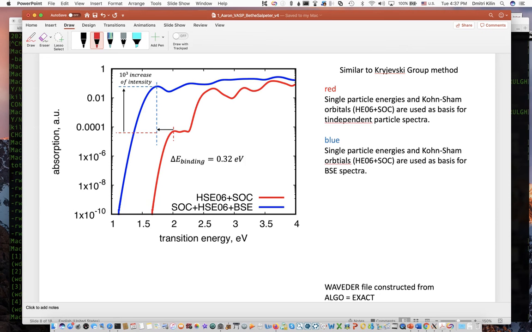And so just from this example, you can see that the lowest energy transition became at least a couple orders of magnitude higher in intensity, and it was redshifted.